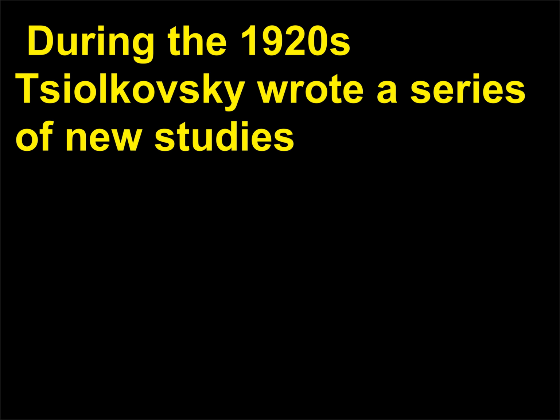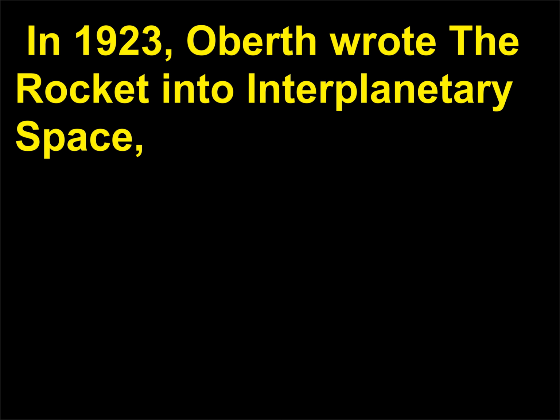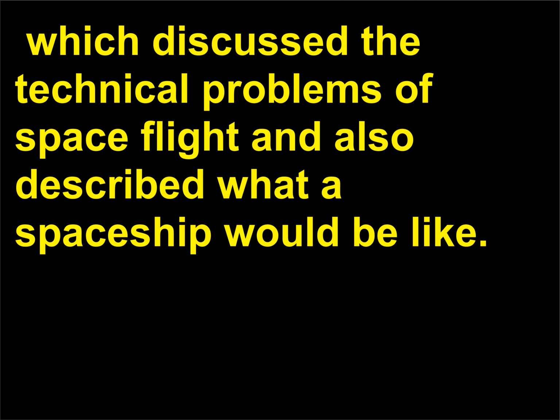During the 1920s, Tsiolkovsky wrote a series of new studies that included detailed descriptions of multi-stage rockets. In 1923, Oberth wrote The Rocket into Interplanetary Space, which discussed the technical problems of spaceflight and also described what a spaceship would be like.